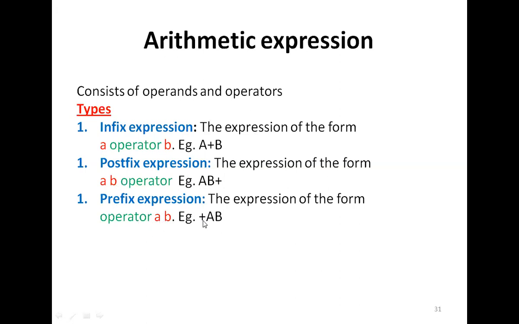This is the example, plus AB. The meaning of all these expressions is the same: addition of these two numbers A and B. All these three are doing the same operation, adding these two numbers. But these are different forms. This is the infix format, this is the postfix format, this is the prefix format.